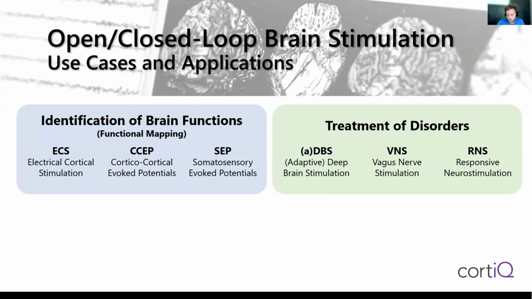in the clinical field. When we're talking about functional mapping, the most prominent one is probably ECS, electrical cortical stimulation, but we've also heard about CCEPs, cortico-cortical evoked potentials, and also SEPs, somatosensory evoked potentials, which allow you to, for example, identify the central sulcus, the sulcus between motor and sensory areas in the brain, by stimulating the median nerve.